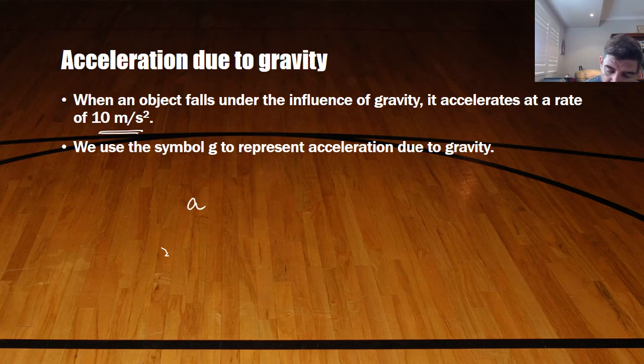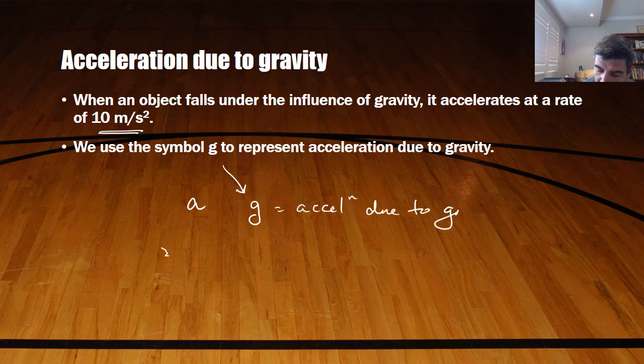Usually we use the symbol A to represent acceleration, but in the special case when that acceleration is due to gravity, we use the symbol G. So you'll often see the symbol G used to just represent acceleration due to gravity. And we'll be looking at a number of sporting applications where gravity is the most important force that's acting, causing that acceleration.